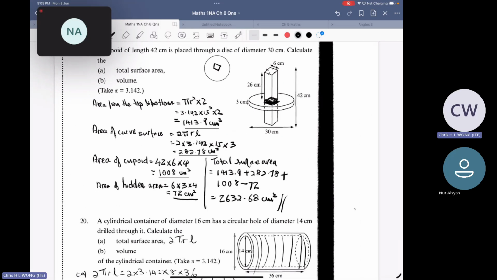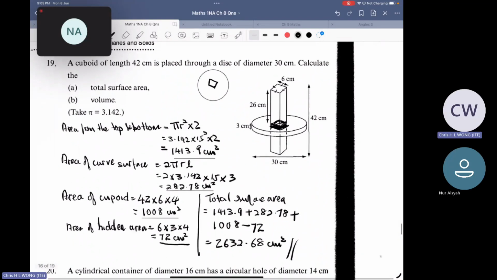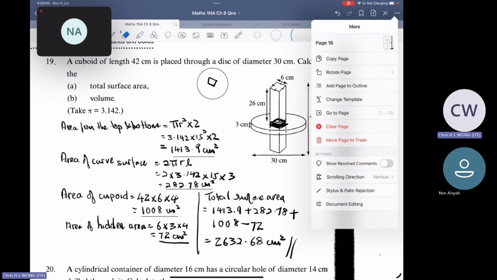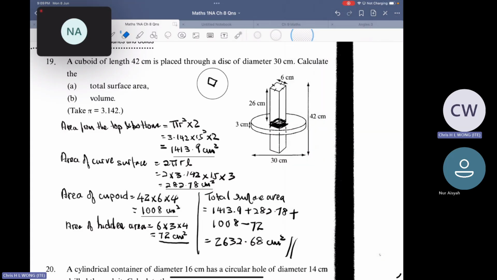Wow, no space. Okay, can I erase this? I erase this away, the volume.